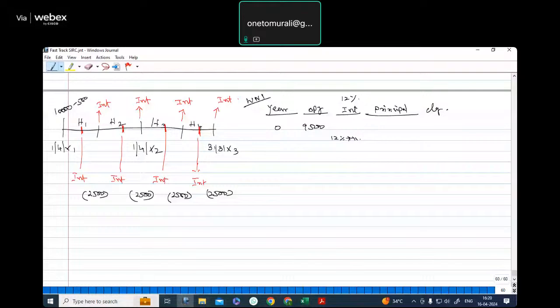Correct. All the interest that accrued was not paid off. Now this being the working note for the cash flow, let us take up the cash flow.